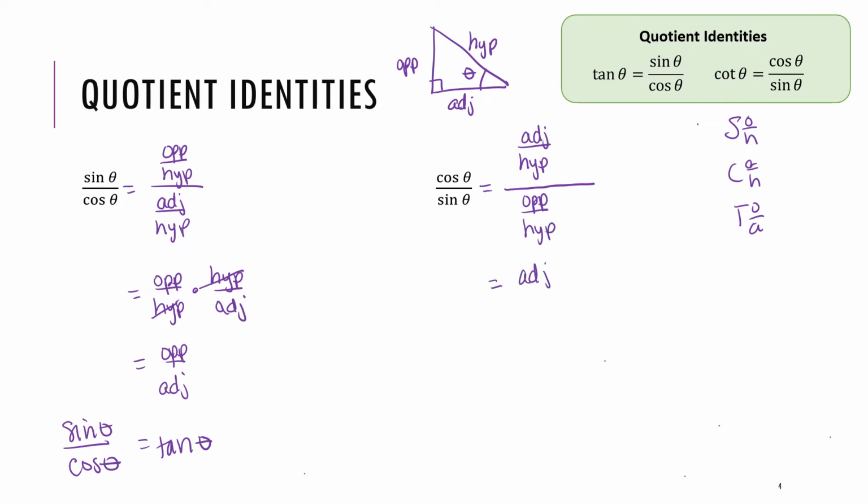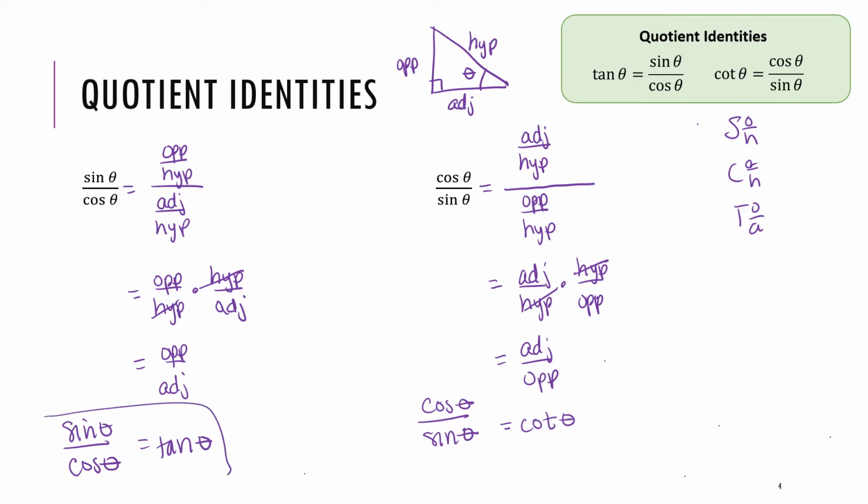So adjacent over hypotenuse times hypotenuse over opposite, you get adjacent over opposite, and if you remember, cotangent is the reciprocal of tangent. So that's where the quotient identities come from. So now you can use these as you find them useful.